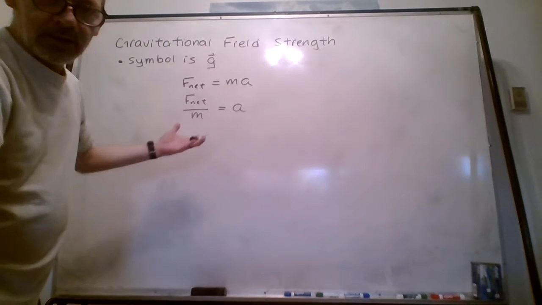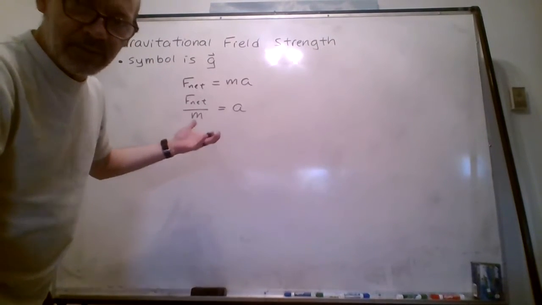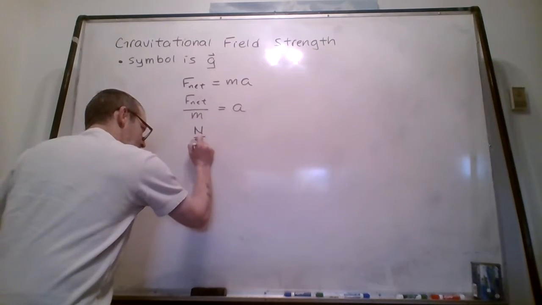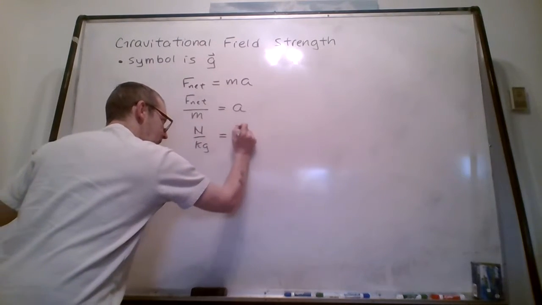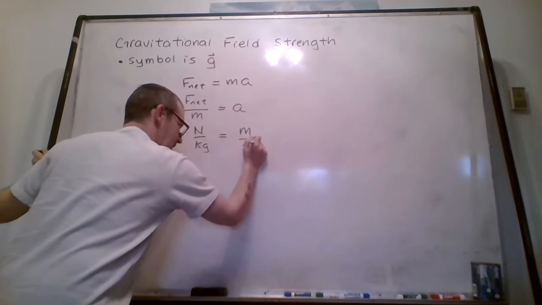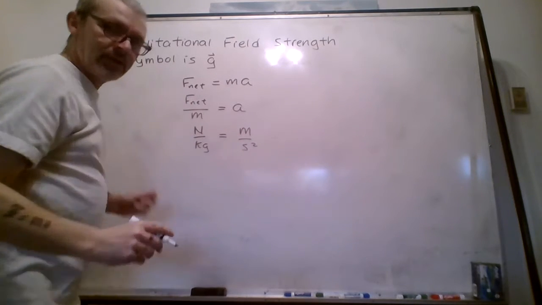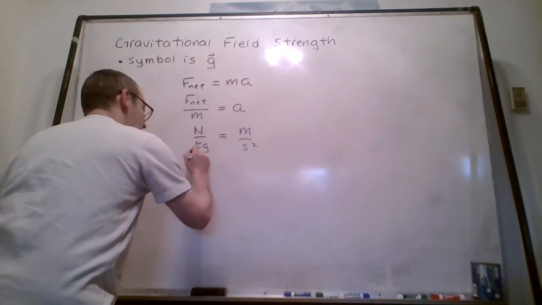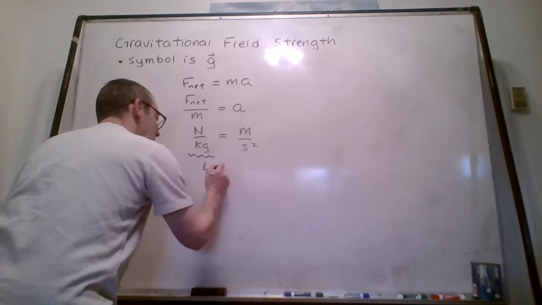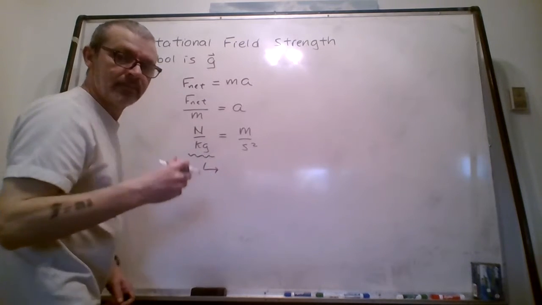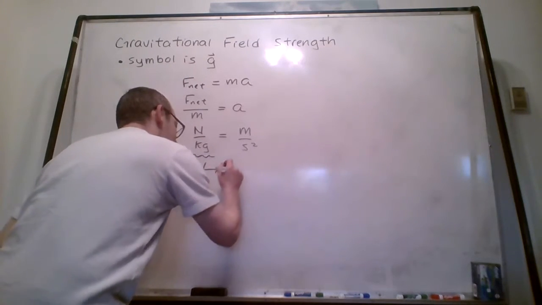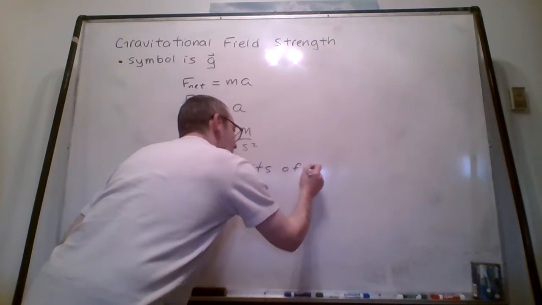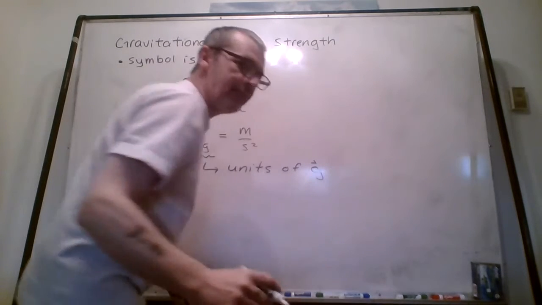This equation has to be dimensionally correct, so units of newtons per kilogram are equivalent to units of meters per second squared. We actually measure gravitational field strength in newtons per kilogram. So these will be the units of g, this varying quantity.